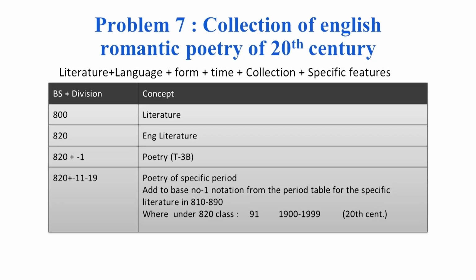So here 820 plus dash 1119 means a specific period. The first one means poetry, and after poetry the time notation is to be added. That's why the instruction says add to number 1 the notation from the period table for this specific literature 810-890, where we find 91 means the 20th century.